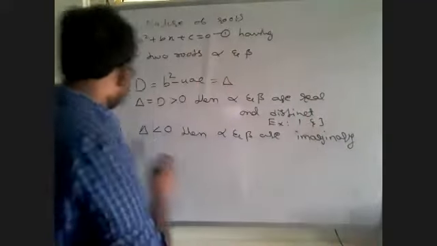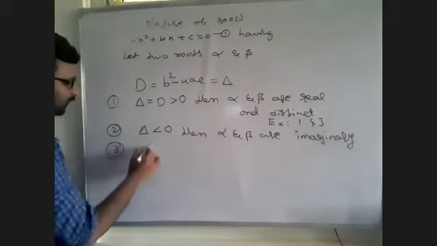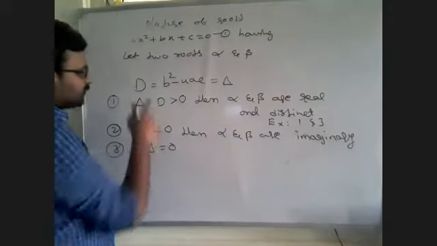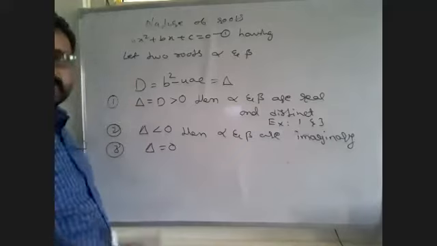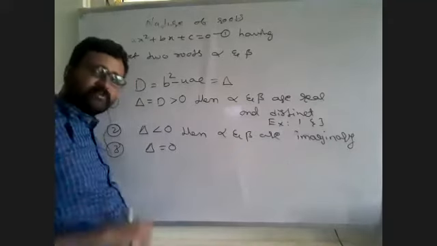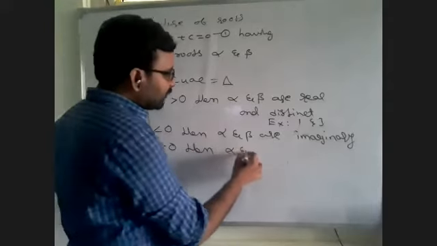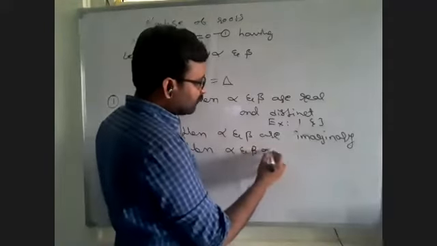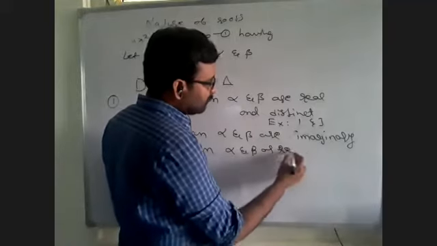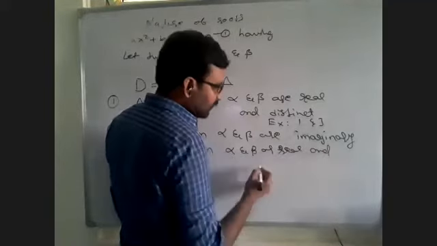Next, the third case. If delta equal to 0, meaning discriminant equal to 0, meaning b square minus 4ac equal to 0, then alpha and beta are real and equal.